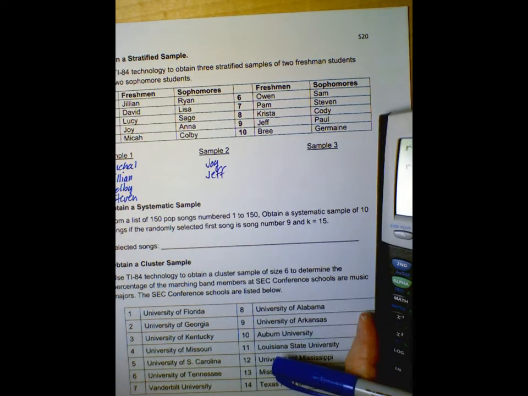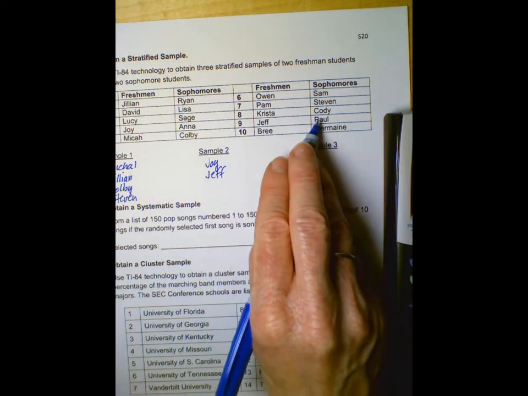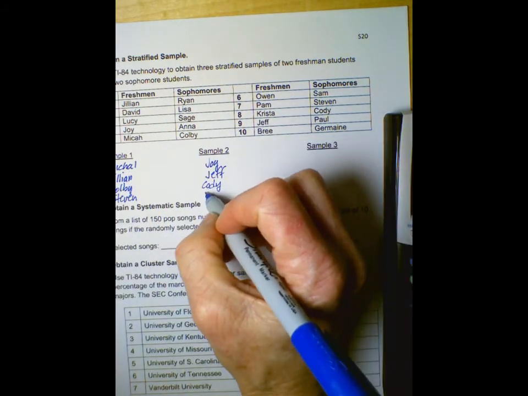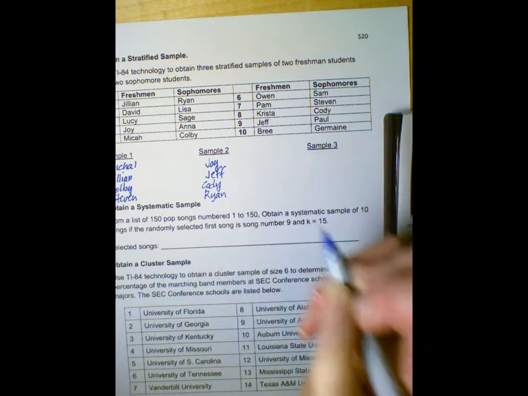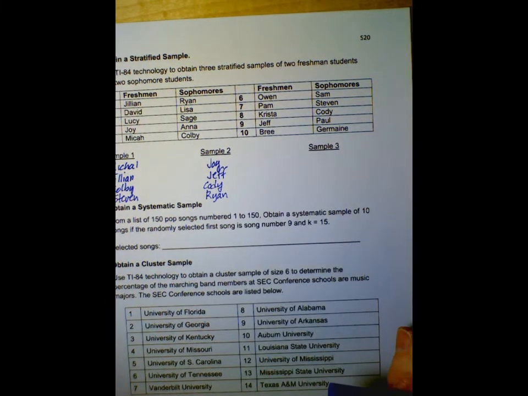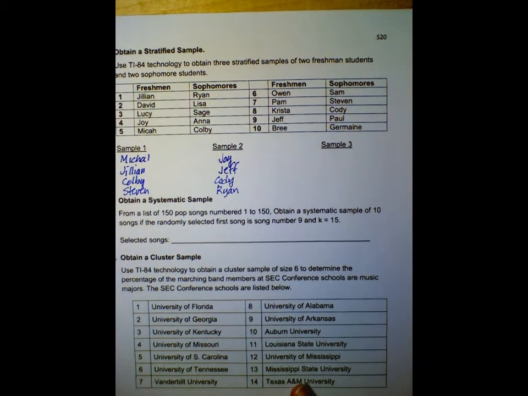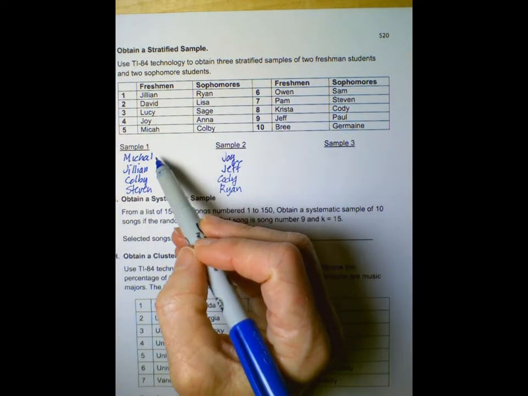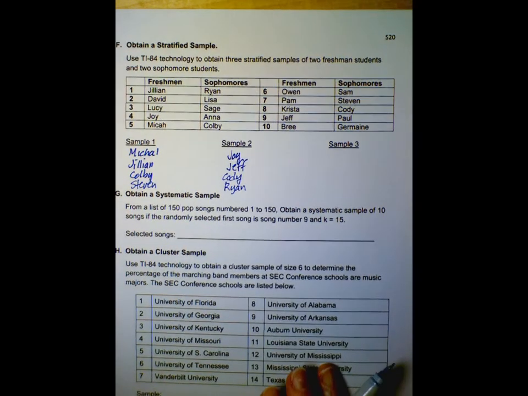And my 2 sophomores are 8, Cody, and 1, Ryan. Okay, so I think you get the idea, and you go ahead and do sample 3 on your own. But now we know how we can do stratified. Every time I'm getting 2 freshmen, 2 sophomores.